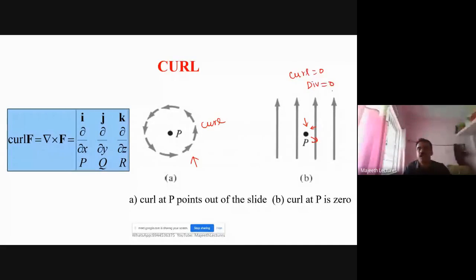So here divergence is 0 and curl is also 0. So curl at point P is not equal to 0 here. Here curl at point P is 0. Here divergence at point P is also 0, because the vector is not diverging, it is rotating.